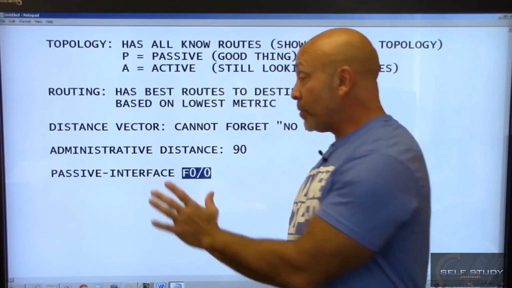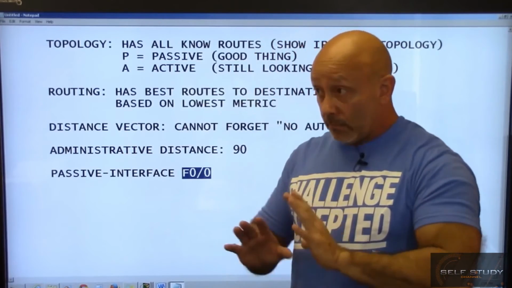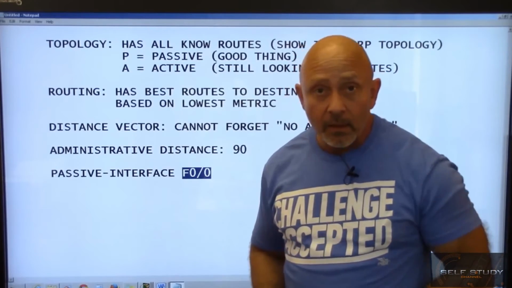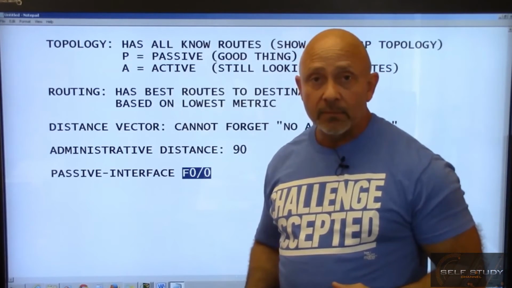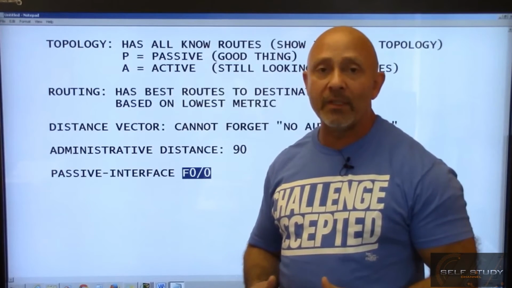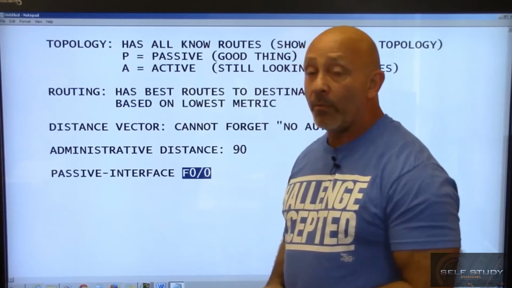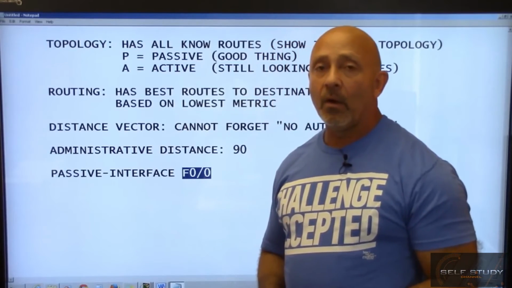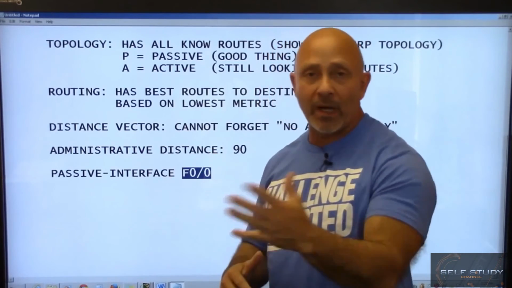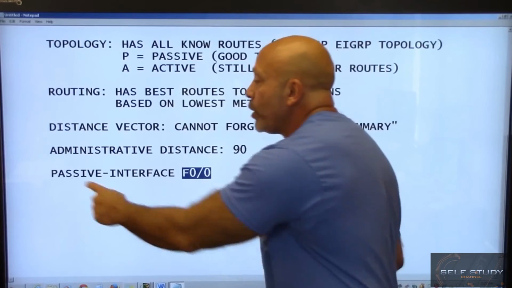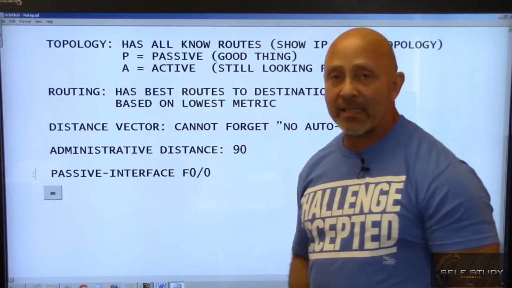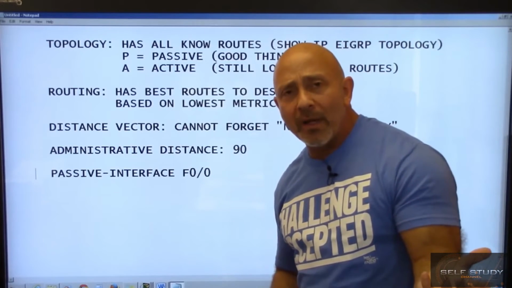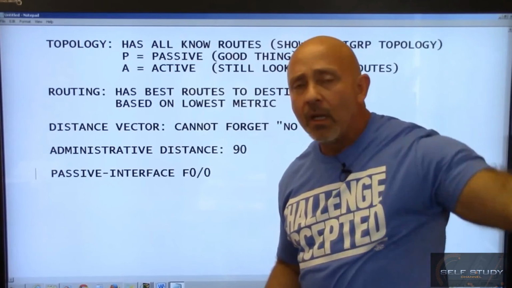Now, if this passive interface is pointing to an interface that's to networks within, internally, that you want these routers to know about, then that's a problem. Then you will need to go inside the router EIGRP or IPv6 router EIGRP, whatever autonomous system it is, and put no passive-interface, whatever interface that they're using. But if it's pointing to an ISP, if it's pointing outside the network, don't worry about it.